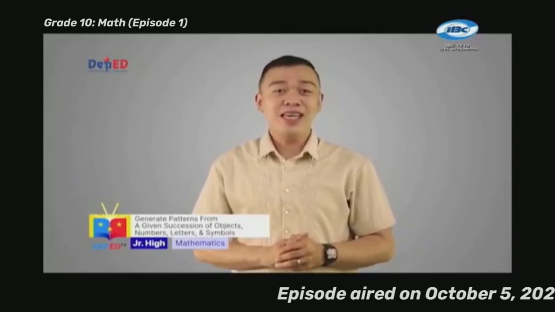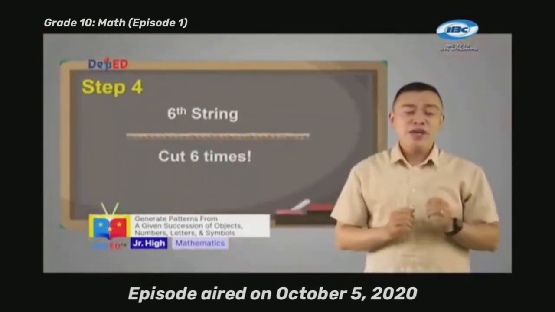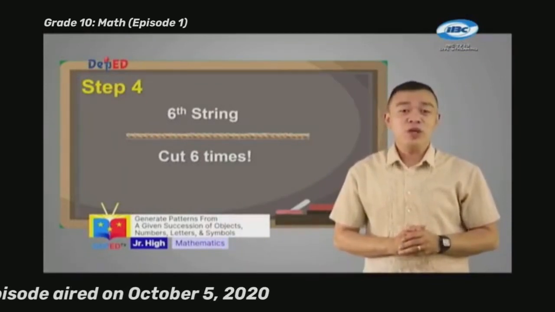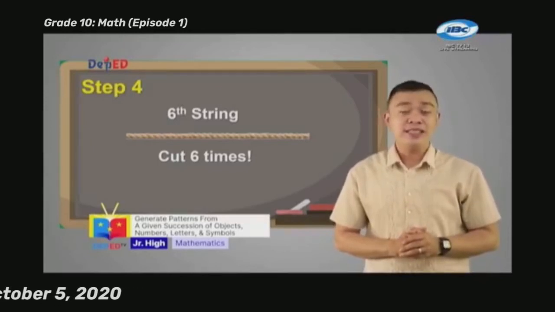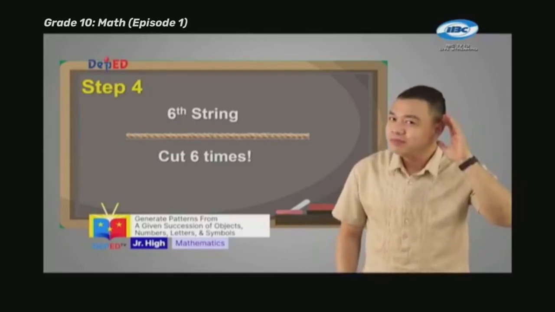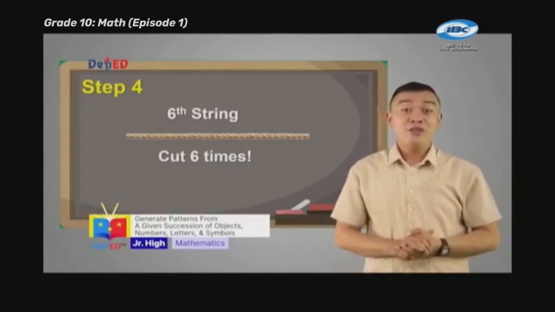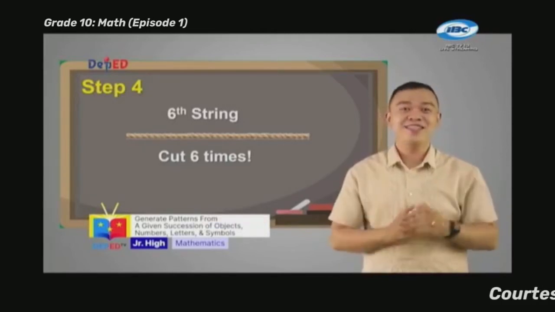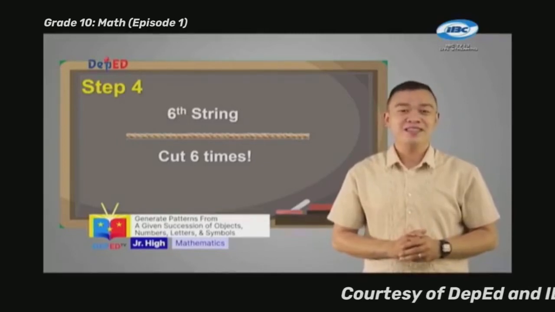Now, let's proceed to step 4. If we have the 6th string, assuming we cut it 6 times, how many pieces would there be? Have you seen a pattern? If yes, describe the pattern and state your conjecture.